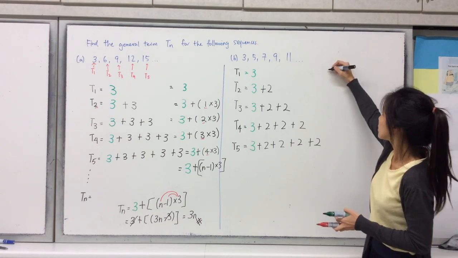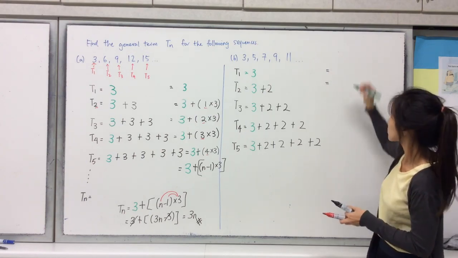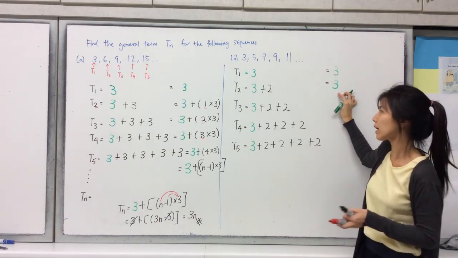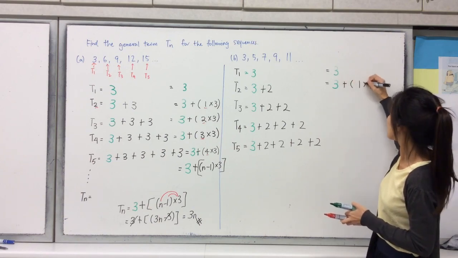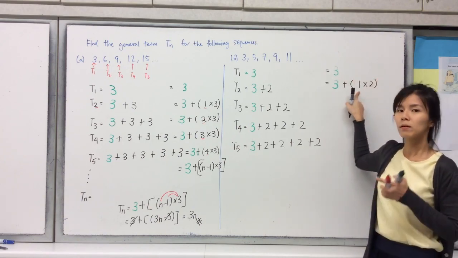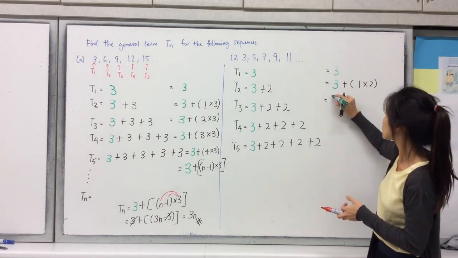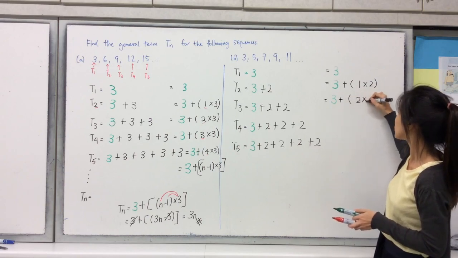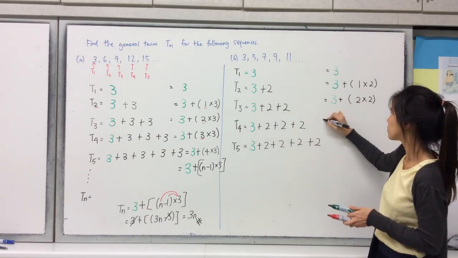Then we realize a pattern. This 3 will always remain the same. And there's one multiple of 2. Similarly, for term 3, you have 3 plus 2 times 2, because there are 2 2's in this term.